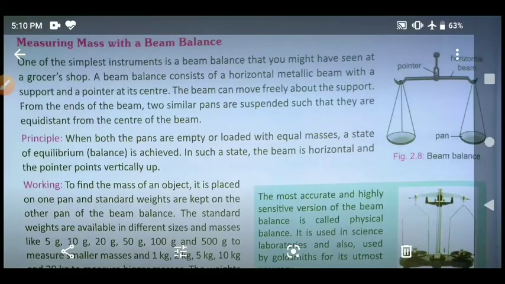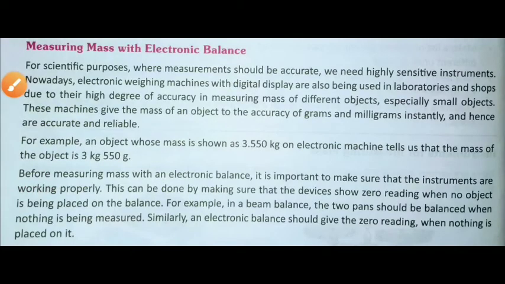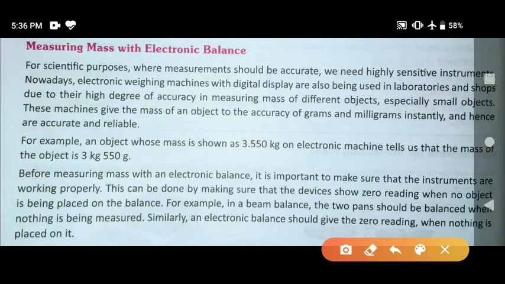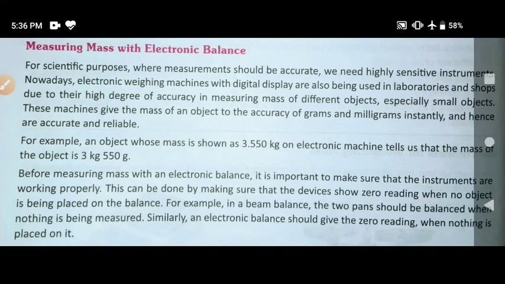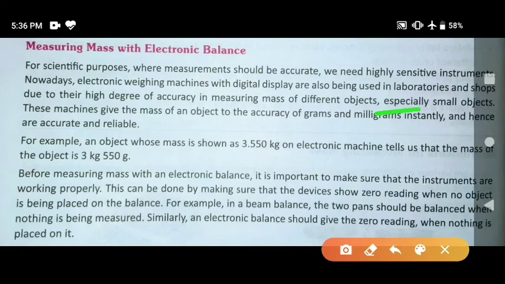Okay, measuring mass with an electronic balance. For scientific purposes, where the measurement should be accurate, we need highly sensitive instruments. Nowadays electronic weighing machines with digital display are also being used in laboratories and shops, due to their high degree of accuracy in measuring mass. Different objects, especially small objects, can be measured using this.